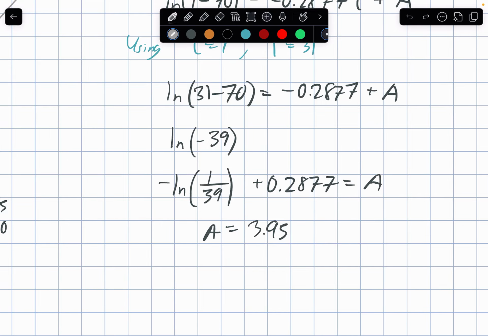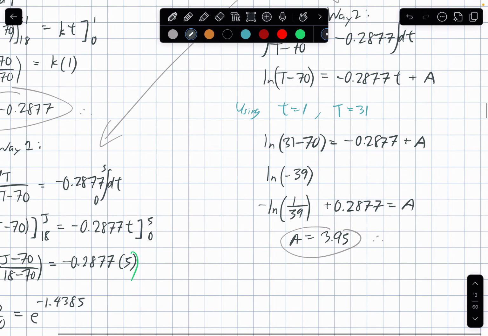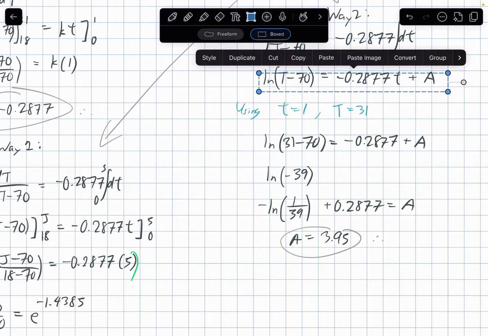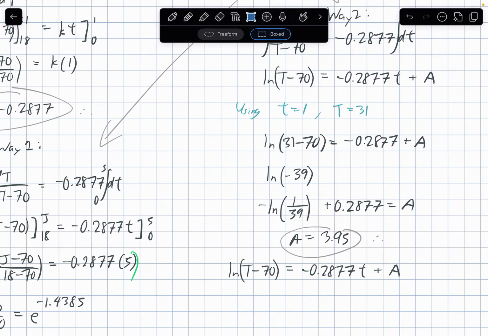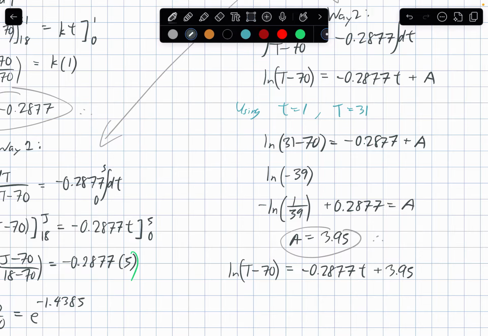Given that, let's update our general solution, which is this. Just replace A with an actual value.